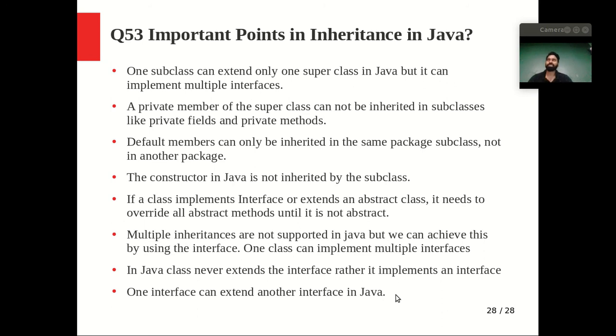A class will only extend a class, and an interface will extend another interface. These are some important points which make tricky questions, and you have to keep them in mind while giving the interview.